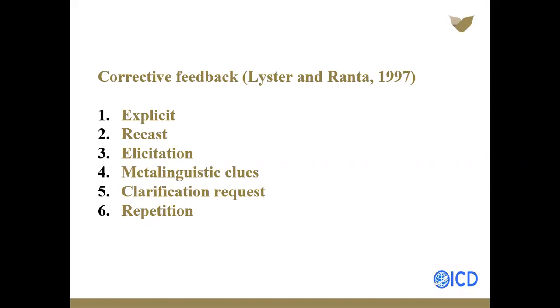So the child will be able to correct that sentence. That is the clarification request, when you ask the question so that they get an idea that they need to correct that.